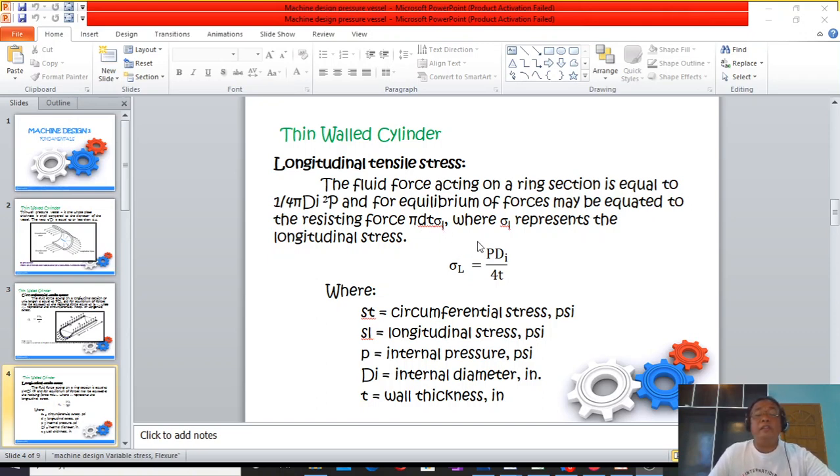Take note, class, that the section is along the longitudinal axis. Okay?